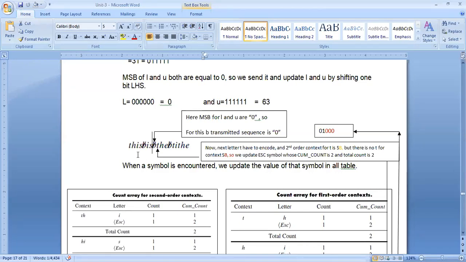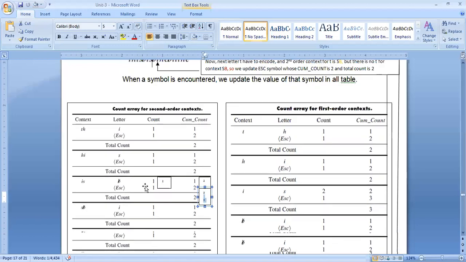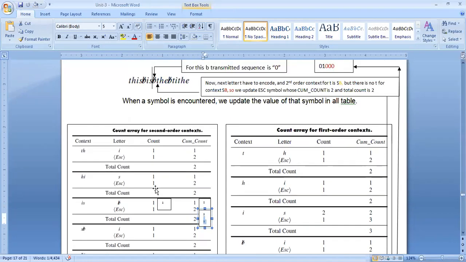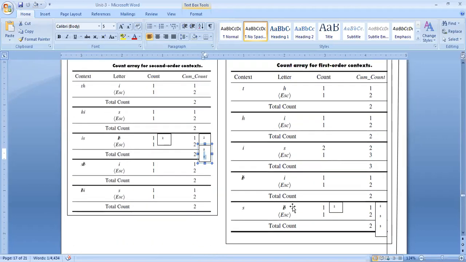We are working on B cross, and for the second order context we saw the IS value for this B cross. So for this B cross we found the context is IS, and for the first order context for this B cross we find the context is S. So in the first order context, we have found the symbol B cross, for which the context is S.